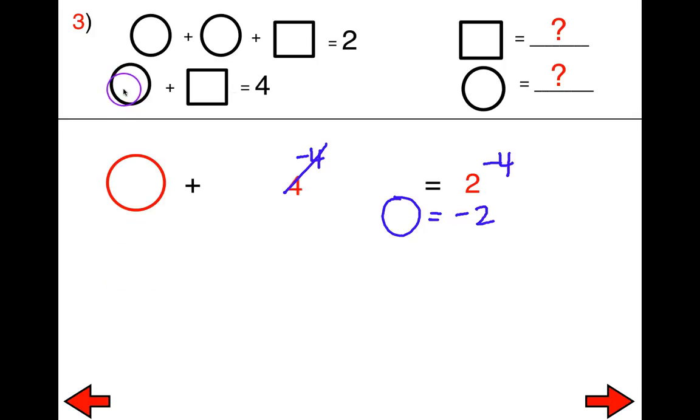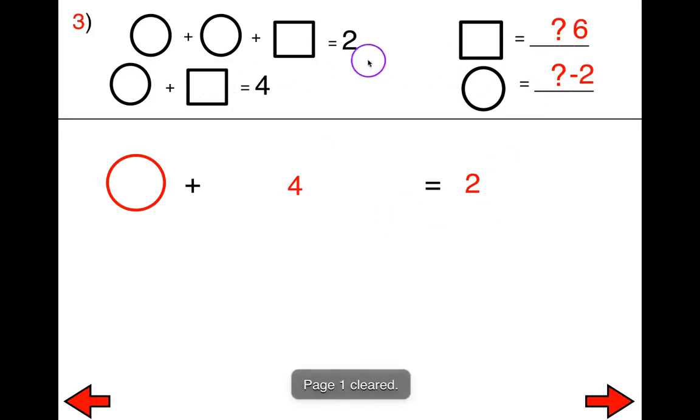So now that I know that a circle is -2, a square must then equal what? Hopefully your answer is 6. If you weren't sure, you could add 2 to both sides, and that's what would have given you 6. But just in case, let's check to see if this checks out.